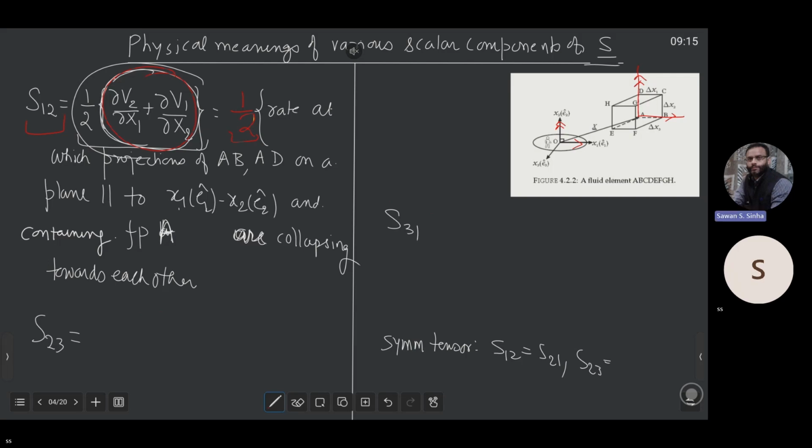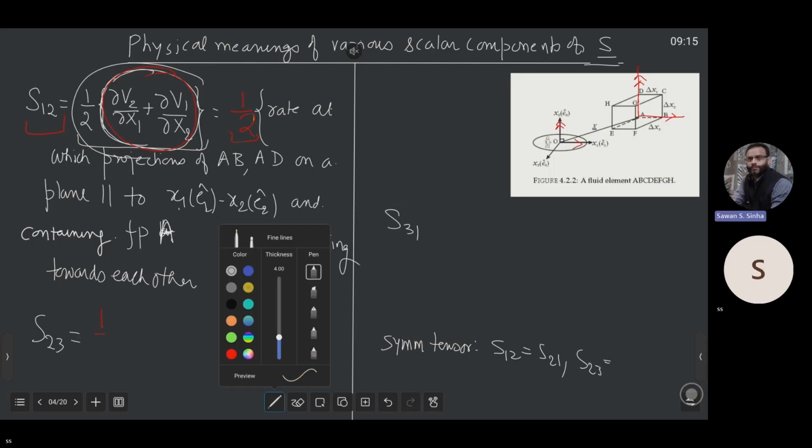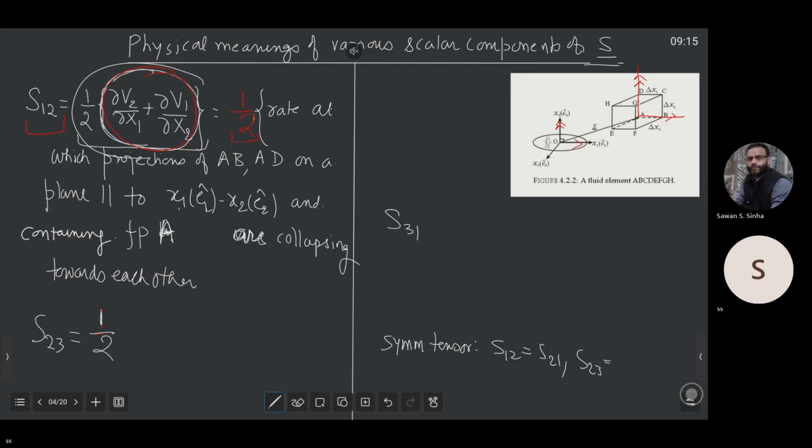Similarly, S23, according to the definition of strain rate. Am I right in saying that this was the rate at which they were falling?